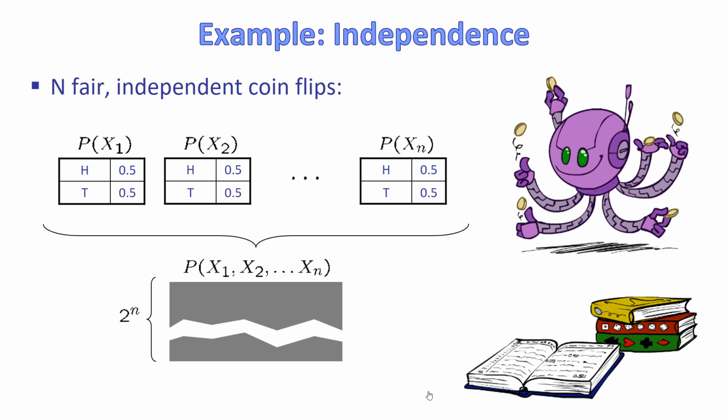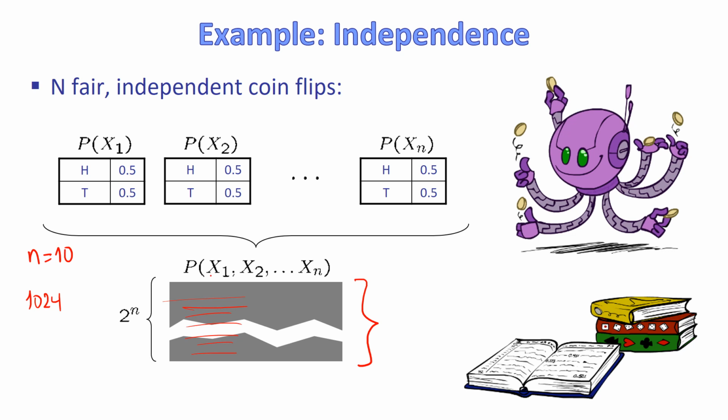Because they are independent, instead of having a huge joint distribution table, where, for example, if n is 10 and we flip 10 coins, I will have 2 to the power n rows, which is 2 to the power 10, which is 1024.